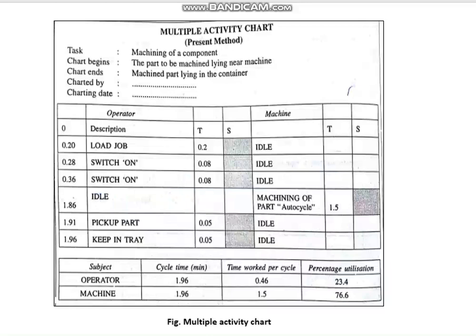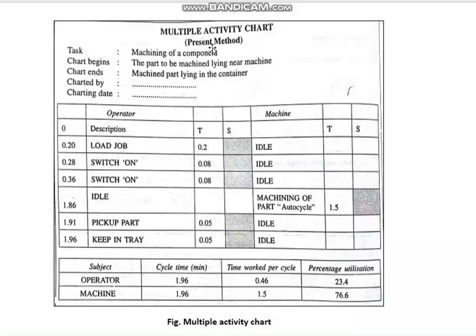Okay, now let us see an example. This is an example of a multiple activity chart. In all the activities, at the top, or the heading, some details are to be given. One thing we should clearly specify is whether it is the present method or the proposed method, that means whether it is an old method or a new method.